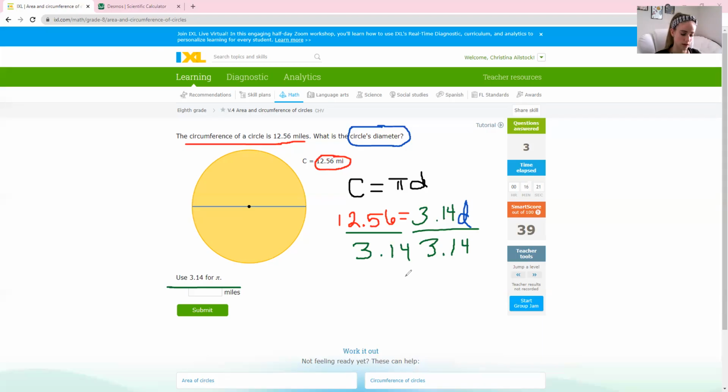So 12 and 56/100ths divided by 3.14 gives us a diameter of 4. That's not too bad, right? And once again, our label's already there for us, so we don't have to worry about it. So the diameter of this circle is 4.